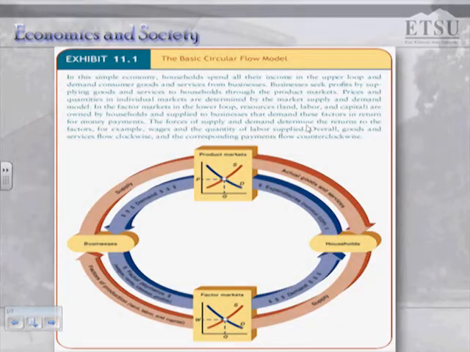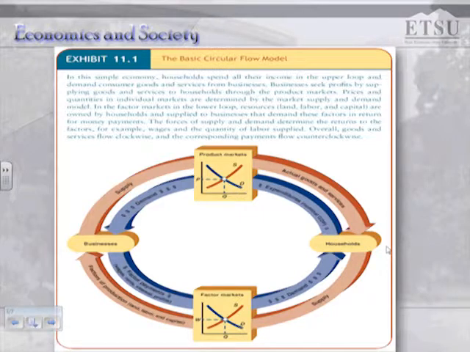So if we think about our economy, there are two main actors. This is called the circular flow model, kind of a basic model of how our economy works, kind of the interactions of all the economic decision makers that we talked about. We have the households on one hand. The households are owners of resources.